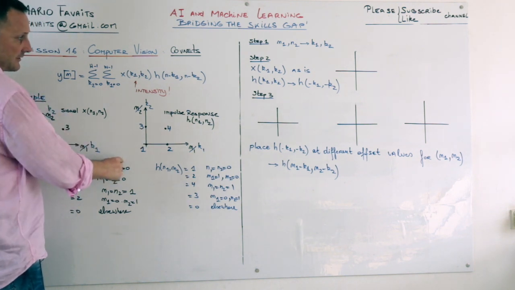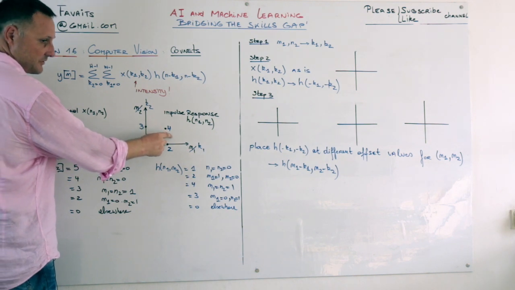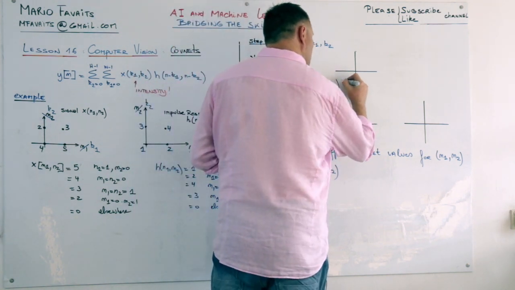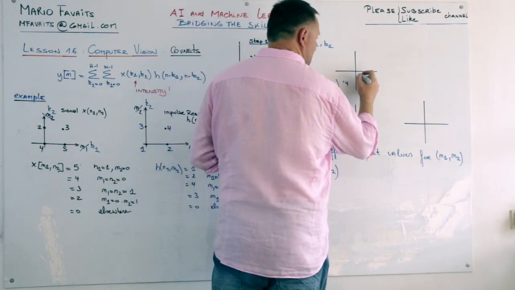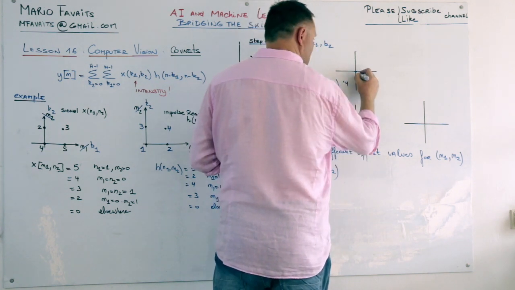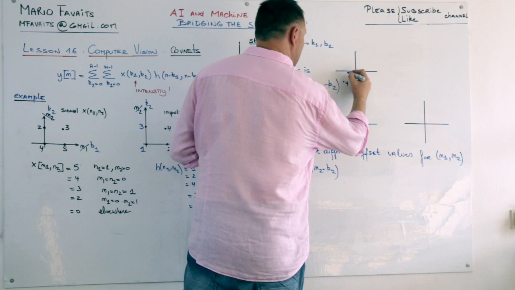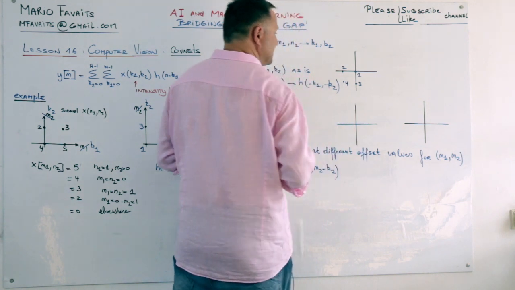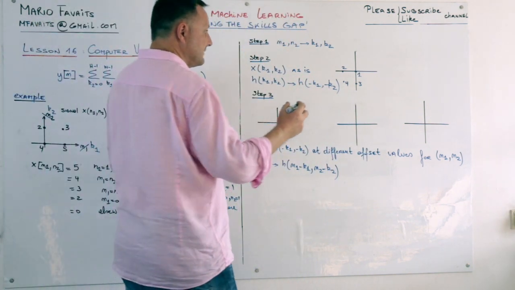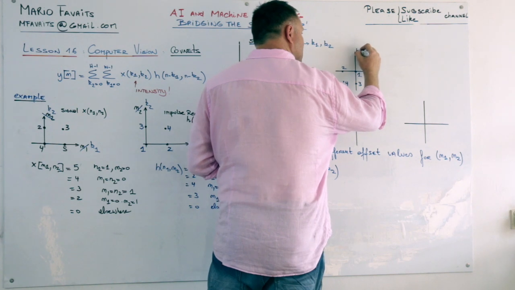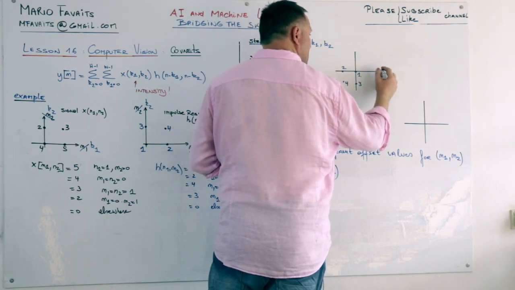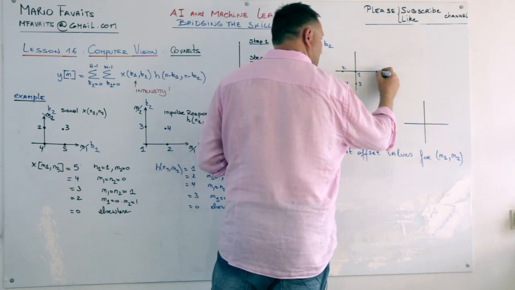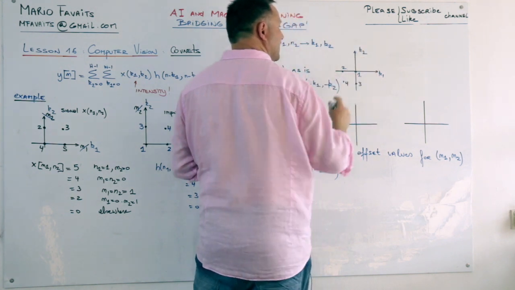This 4 will become here, because this is +1 +1, and now it becomes -1 -1. So this 4 will be here. The 1 in the middle doesn't move. Here we have the 2, and here we have the 3. This is now k1, k2, still there.